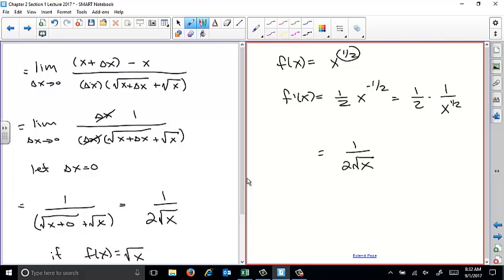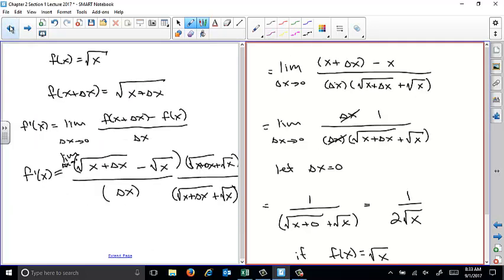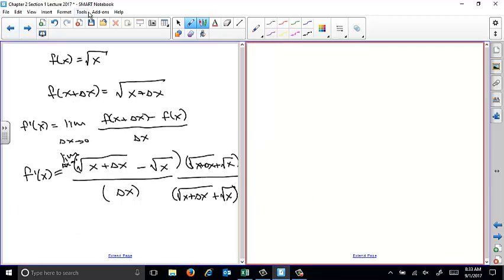So go to the back page. Try that one. It's kind of a combination between one we just did on the paper and what we just did here. Give it a try. I'm going to add a page here.